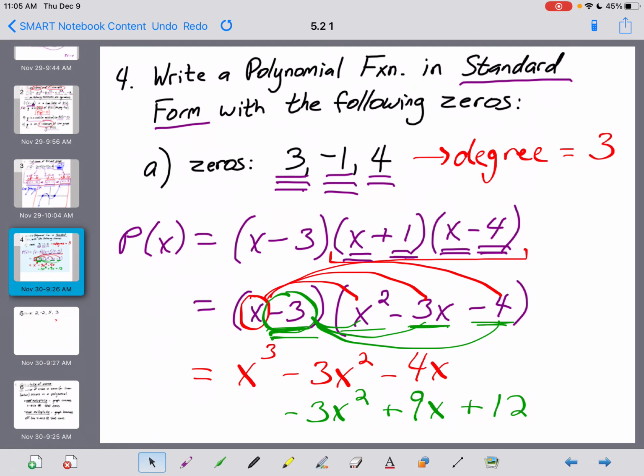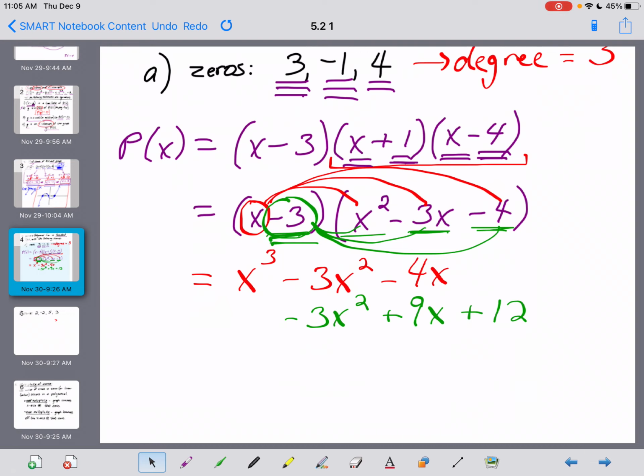Okay, so now we have multiplied out. We've done kind of the double distributive property. Now all we have to do is put it all together. And the reason I put the green terms under the red terms, I think you guys can see that we're just adding like terms. The x cubed doesn't get added to anything, so it just stays the same. But here, -3x squared minus 3x squared is a minus 6x squared.